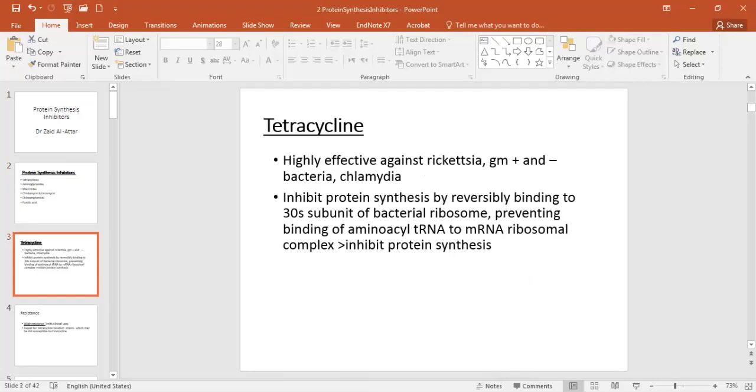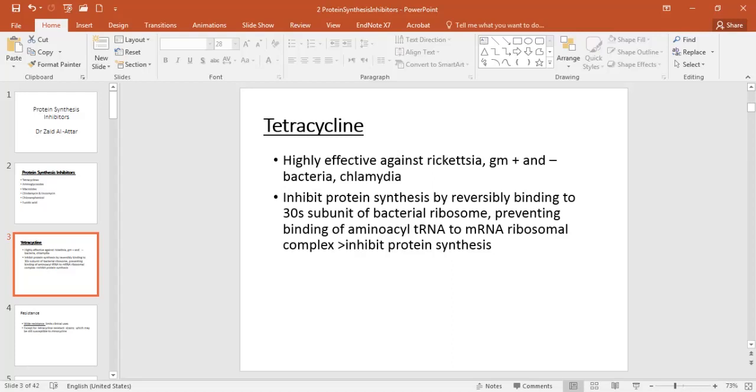To start with, tetracycline is highly effective against rickettsia, gram-positive and negative bacteria, and chlamydia. It inhibits protein synthesis by reversibly binding to the 30S subunit of the bacterial ribosome, thus preventing binding of aminoacyl tRNA to the mRNA ribosomal complex.